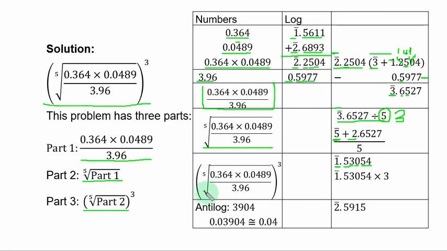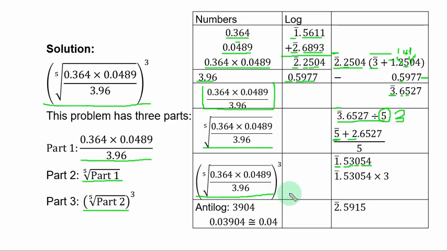So you take the cube of part 2, that is multiplying the result from part 2 by 3. Power operation implies multiplication of the log value by the power you have.